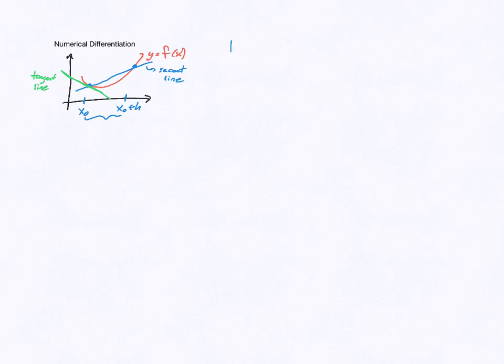So let's consider the Taylor series, T of x. Now this is going to go on forever, and just to be clear, I'll be doing the Taylor series for f of x at x naught.